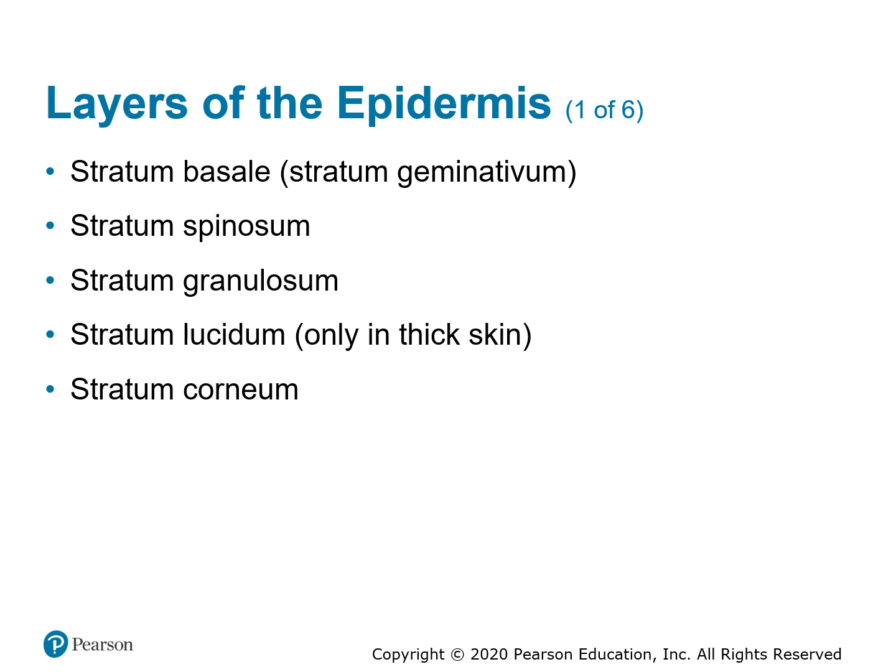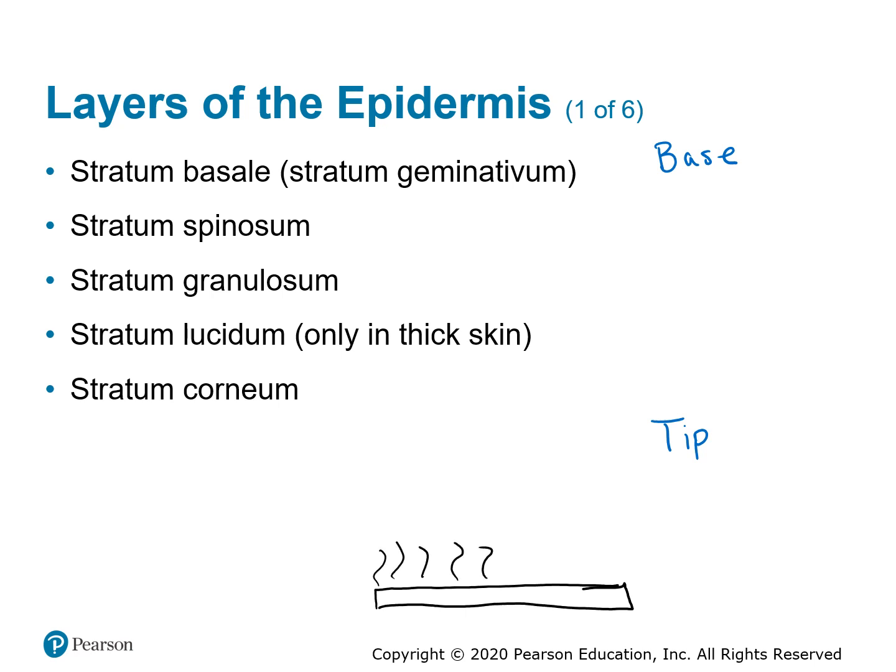layers of the epidermis. There are several of them, okay? This is listing them from base to tip. So at the bottom of your skin layers, you have the stratum basale. Next up is the stratum spinosum. Then stratum granulosum.